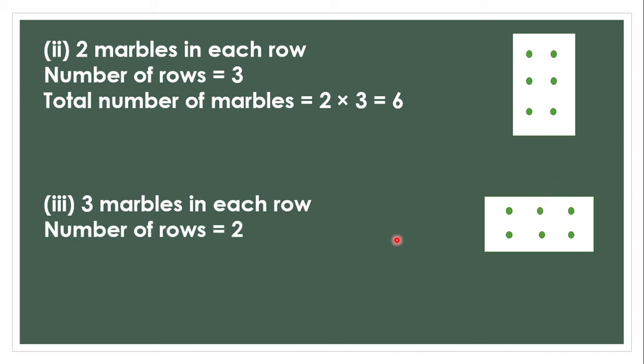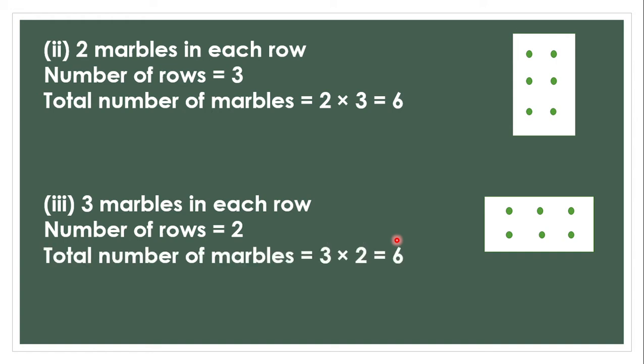So how many rows are there? 2. How many columns? 3. So the total number of marbles is the number of columns into the number of rows. The number of columns is 3, 1, 2, 3, and the number of rows is 2, 1, 2. So 3 twos are 6.